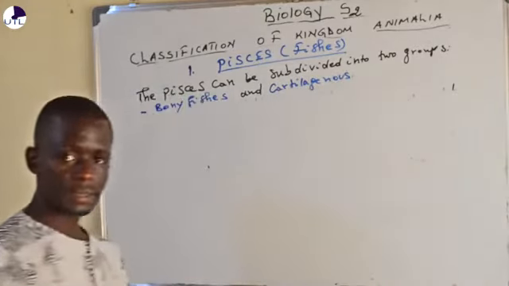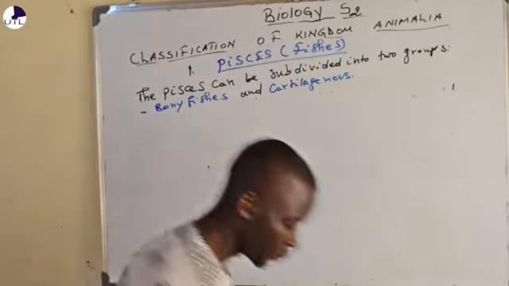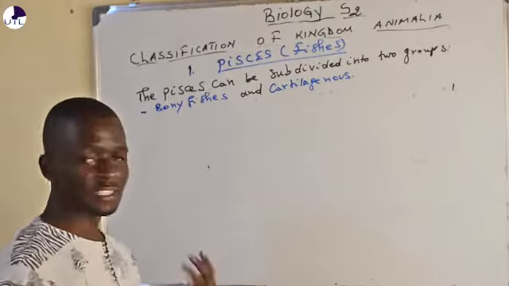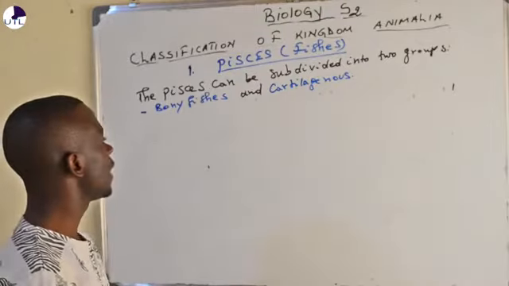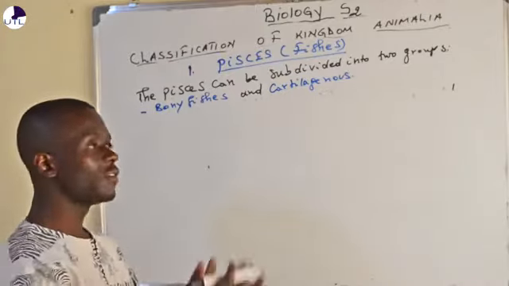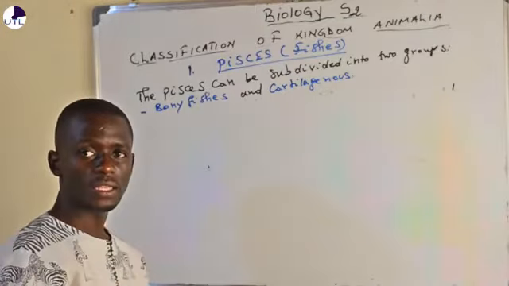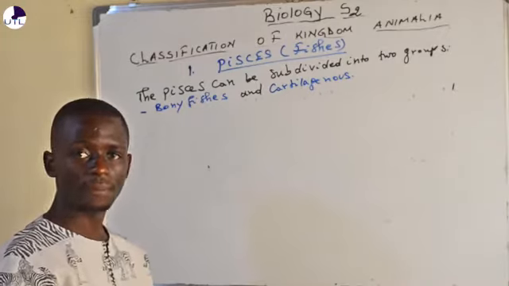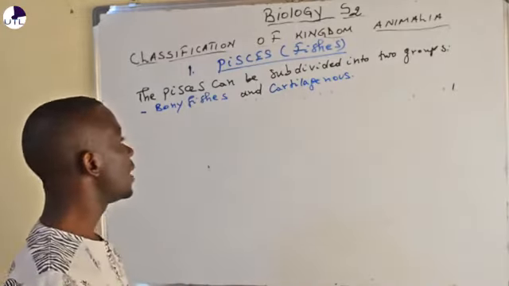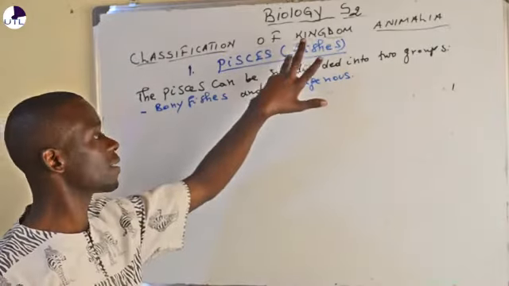Dear students, all we are doing right now is just classifying, okay? We started from the kingdom Animalia. We divided it into different phyla. Under phylum, we divided it into subphyla. Under subphyla, we had classes.